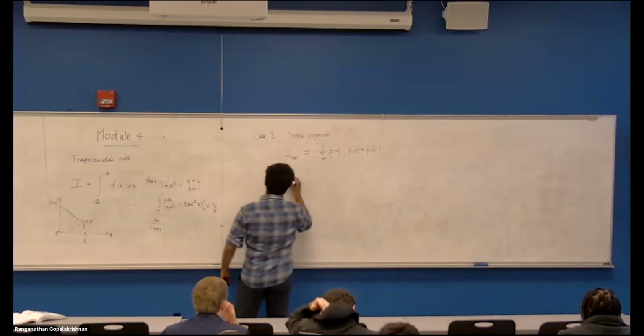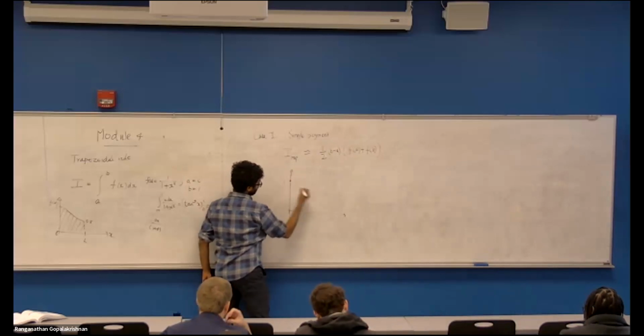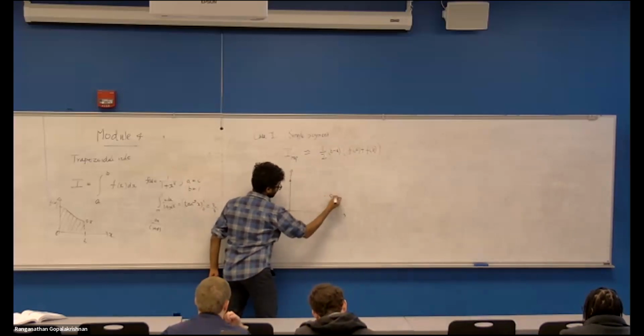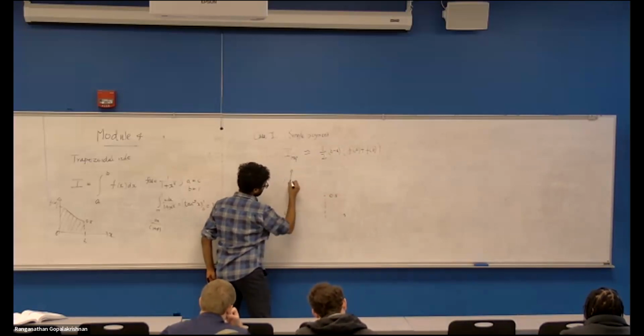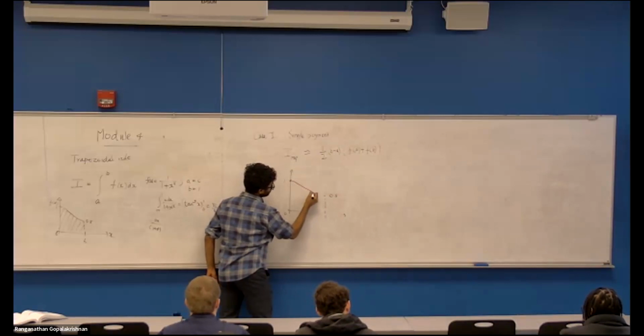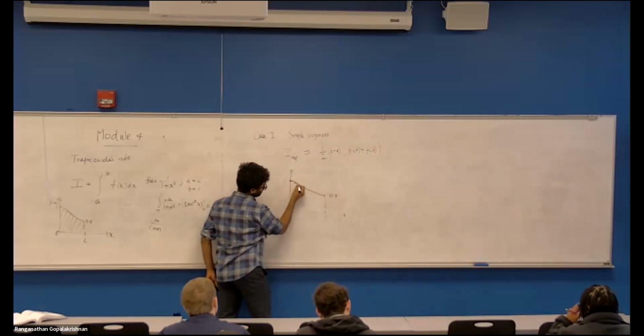It is like taking the function from 1 to 0.5, at 0 and 1. The actual curve looks like this. The trapezium we are building is just taking these 2 points and joining them by a straight line.